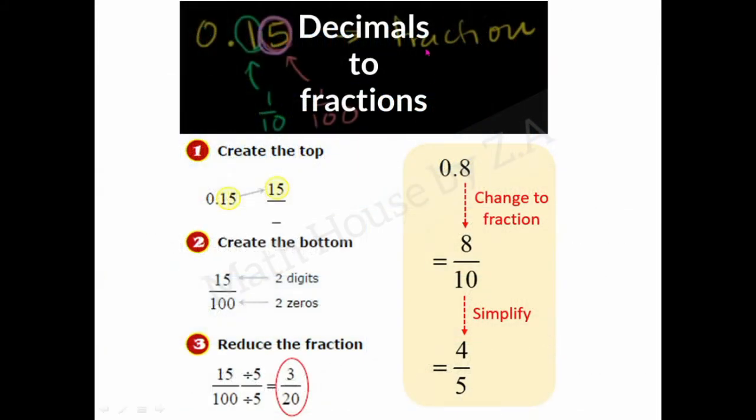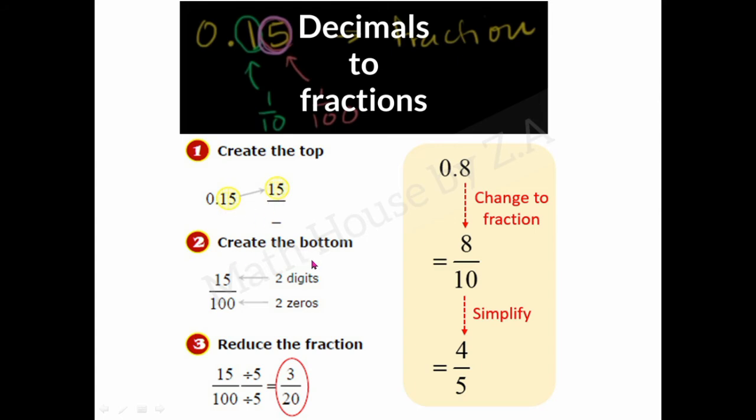We are going to learn how to convert decimals to fractions. Very simple. I told you about it before. Here we have the decimal number 0.15. Step by step, first create the numerator: 0.15 becomes 15.